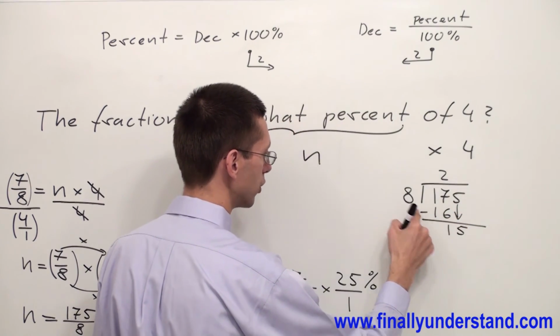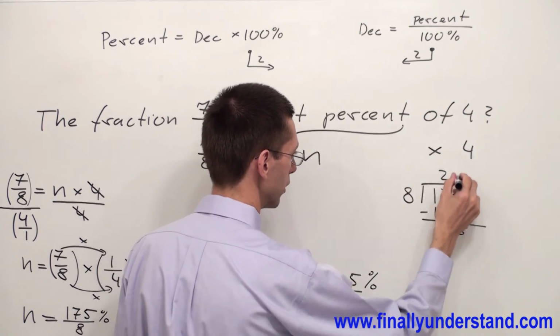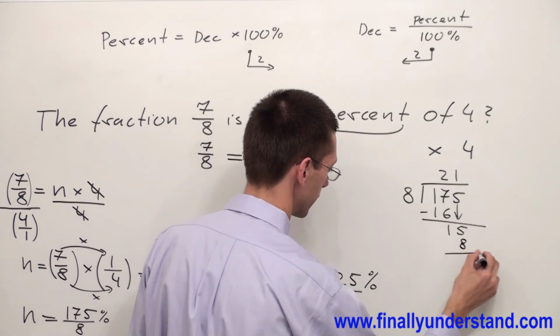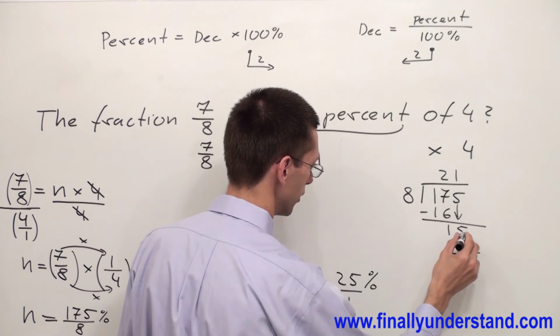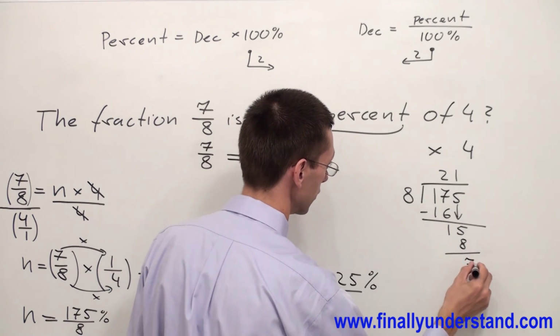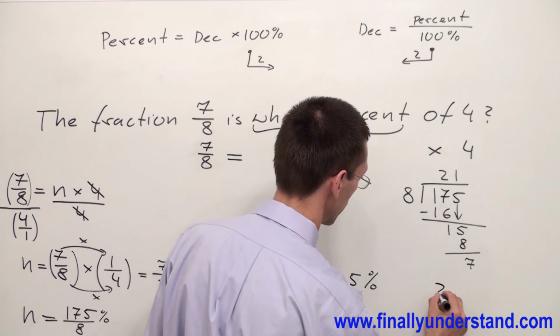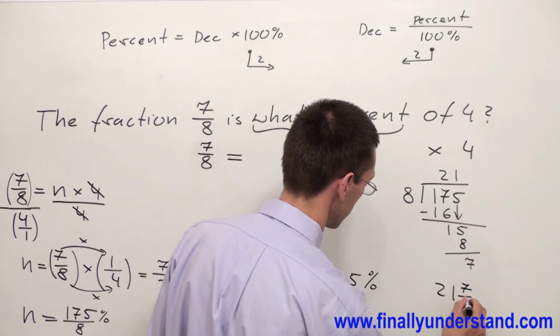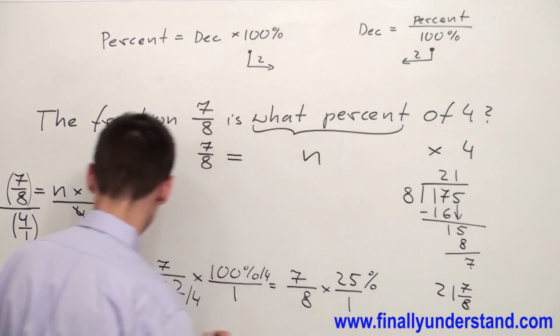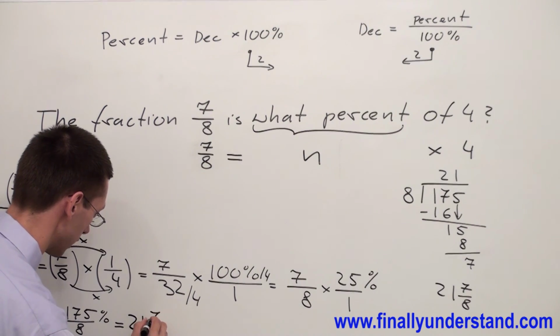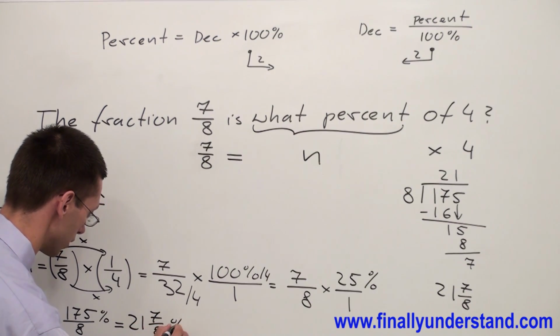How many times does 8 go into 15? 1. 1 times 8 is 8. 15 minus 8 is 7. So my answer is going to be equal to 21 and 7/8. That's why my final answer is 21 and 7/8%.